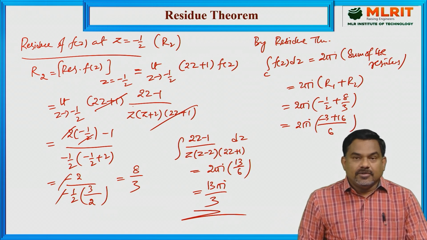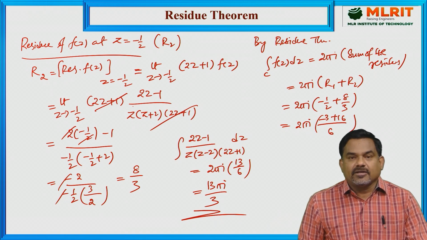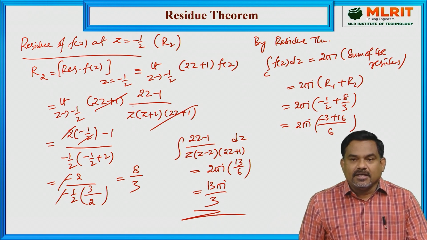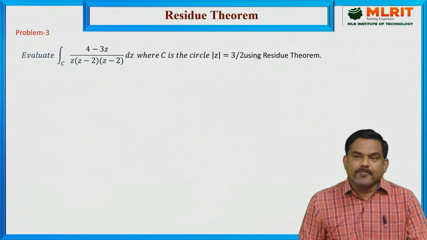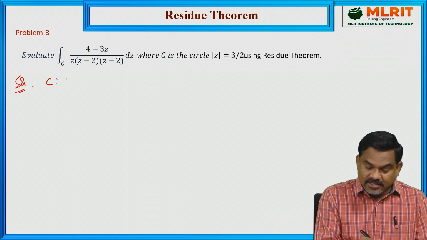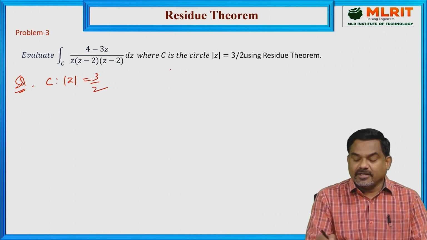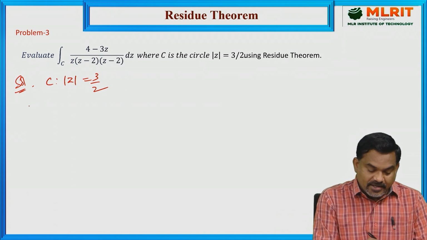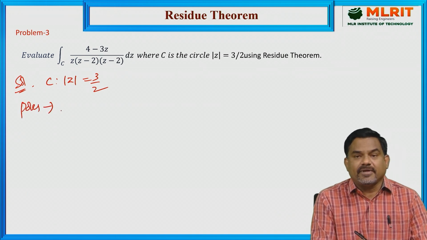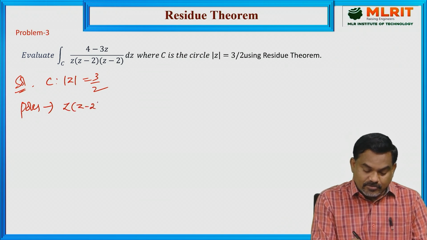So using Cauchy's residue theorem, we can evaluate the line integral of the given function by finding the poles and residues. Similarly, let us solve one more problem. The circle C is mod z equal to 3 by 2. Evaluate the line integral using the residue theorem. Here, first we need to find the poles and then identify which poles are inside this circle, by equating the denominator to 0.